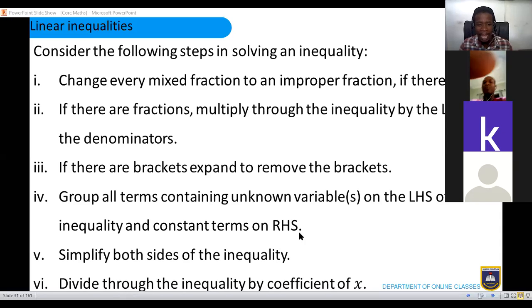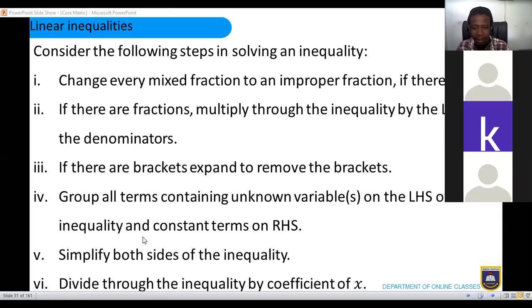Then all the constants, that is the numbers without the variable, should be grouped to the right hand side of the inequality. That is what we mean by group all terms containing unknown variables on the LHS, that is left hand side, then all the constants to the right hand side, RHS. Step 5.